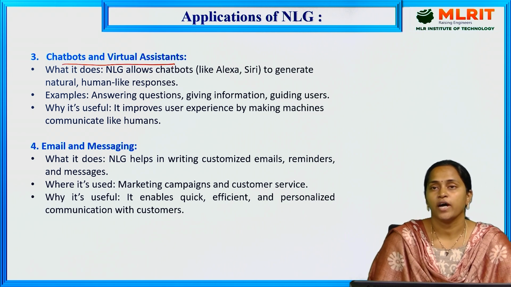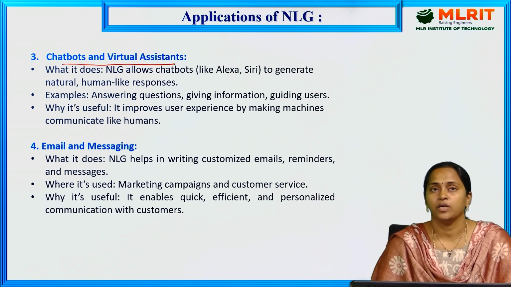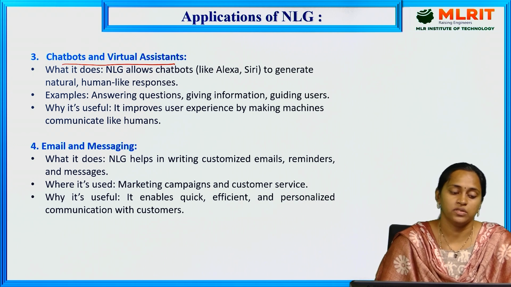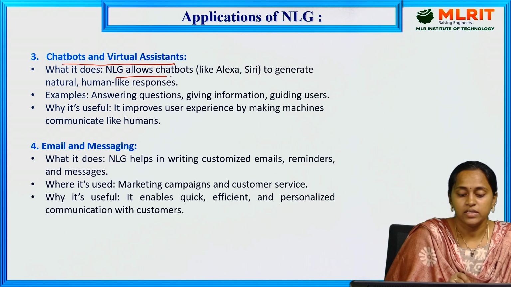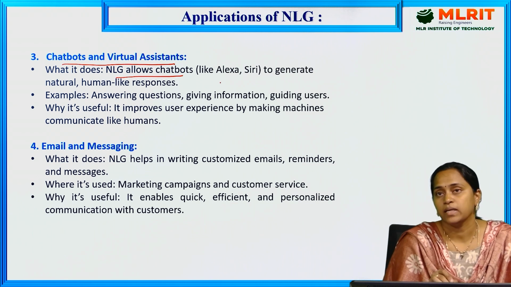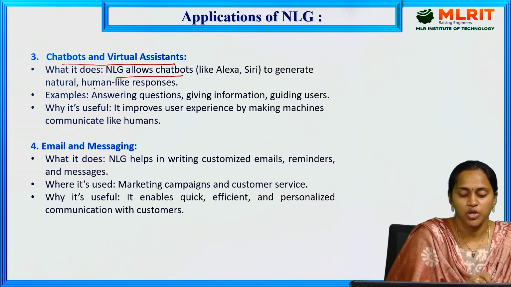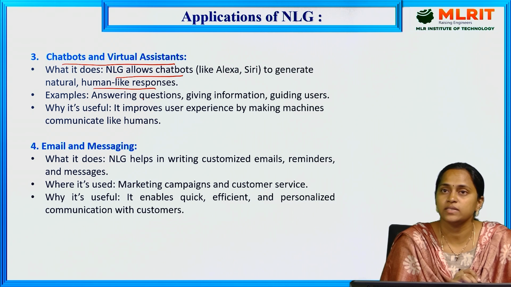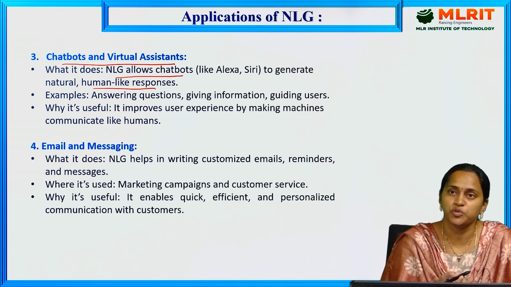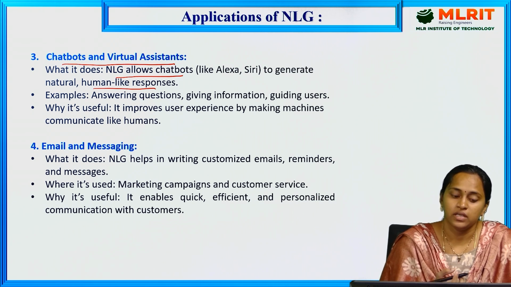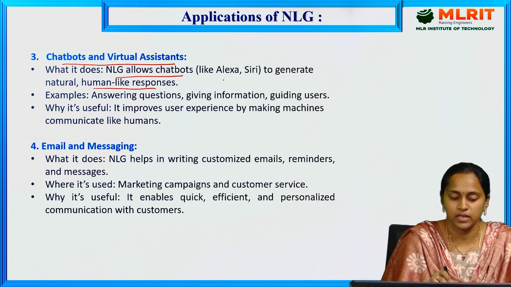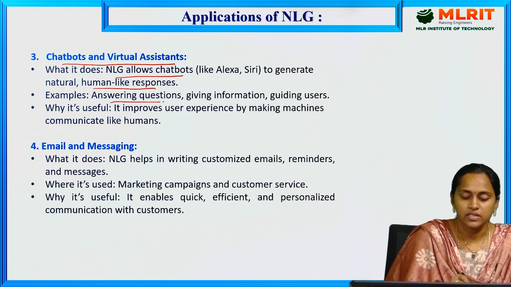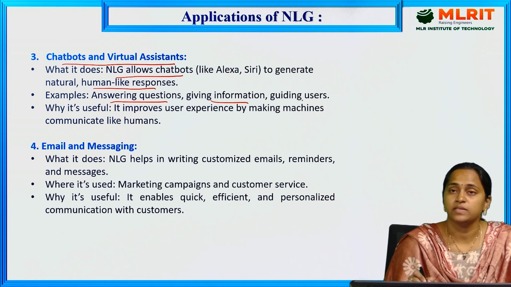Nowadays we are using chatbots very regularly. So NLG allows chatbots like Alexa and Siri to generate natural, human-like responses. Whenever the user speaks and asks for information, it responds within seconds. Examples are answering questions, giving information, and guiding users.